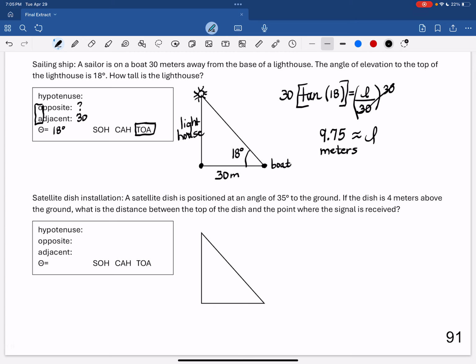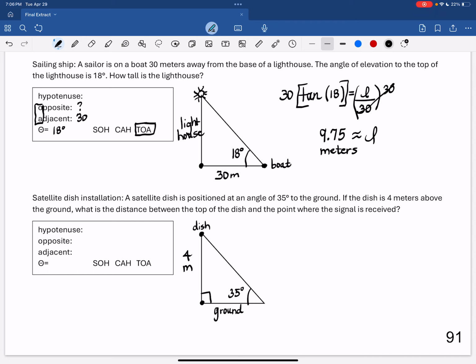A satellite dish is positioned at an angle of 35 degrees to the ground. So we've got this dish that's making a 35-degree angle to the ground. If the dish is 4 meters above the ground, that's an altitude, so that's a straight perpendicular distance.